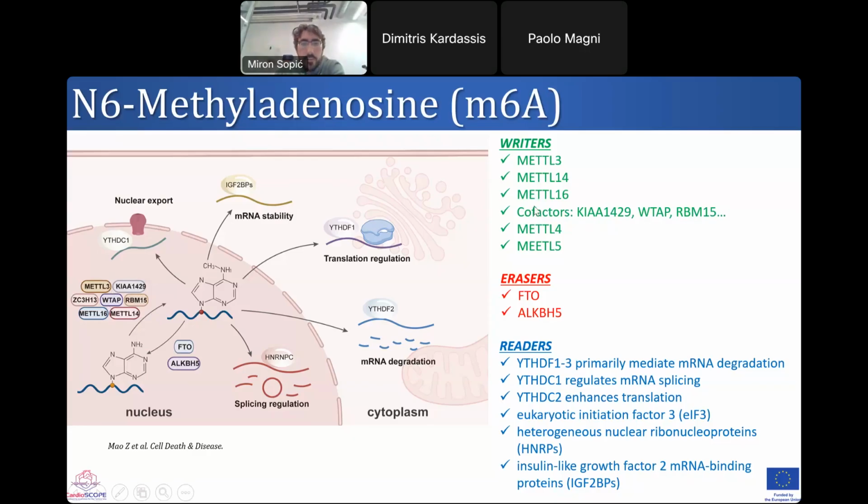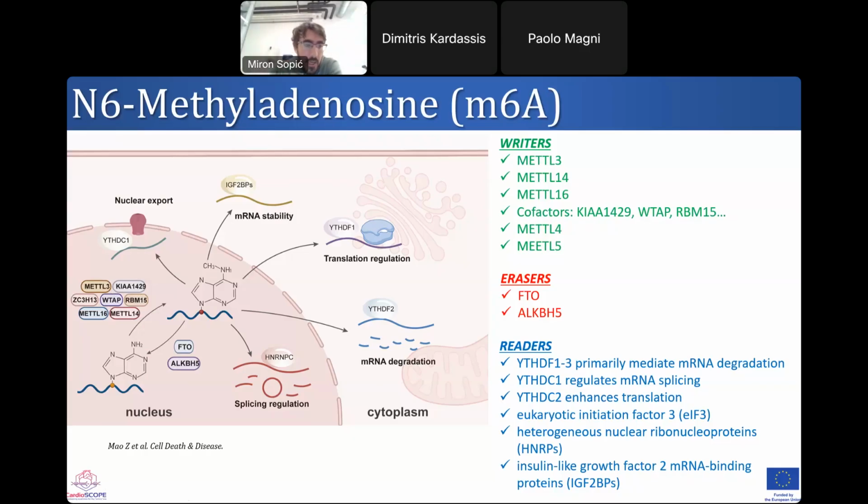Also, besides this very complex enzyme, you have METTL4 and METTL5 that are shown to be also employed in the modification.